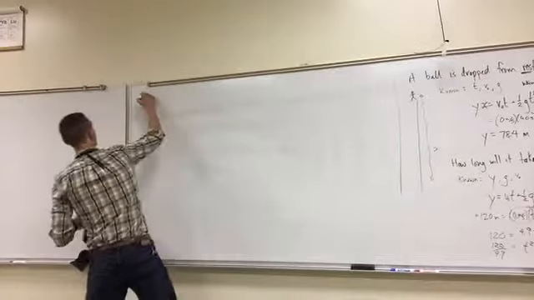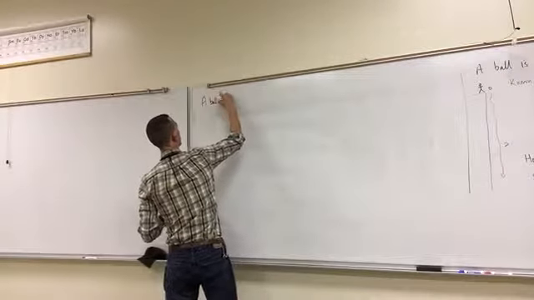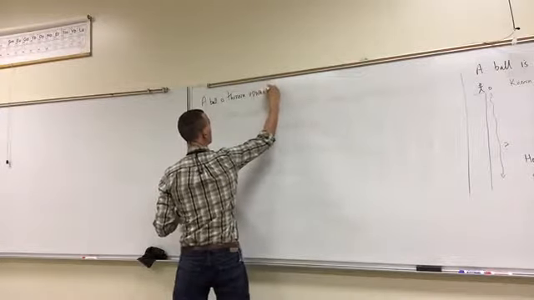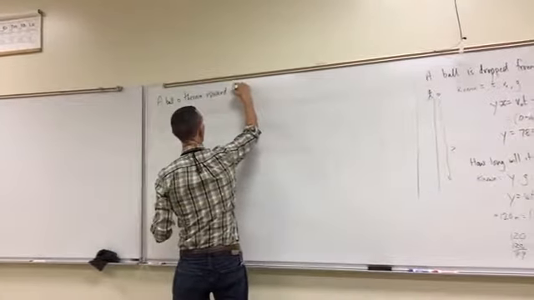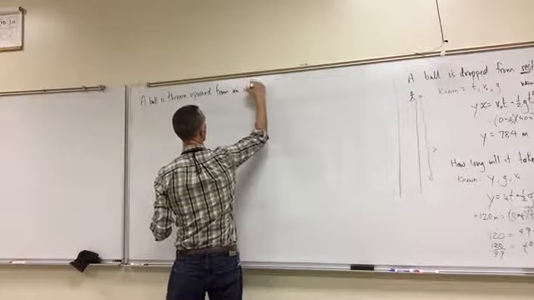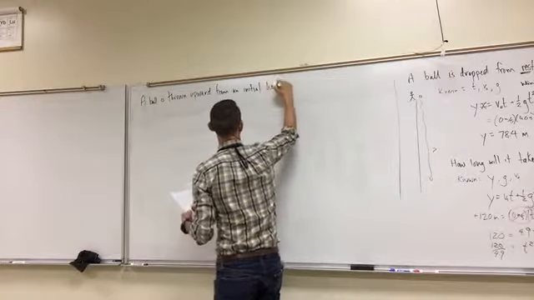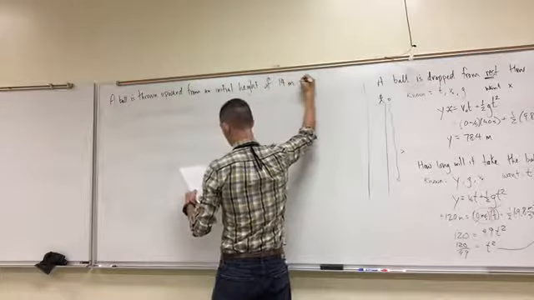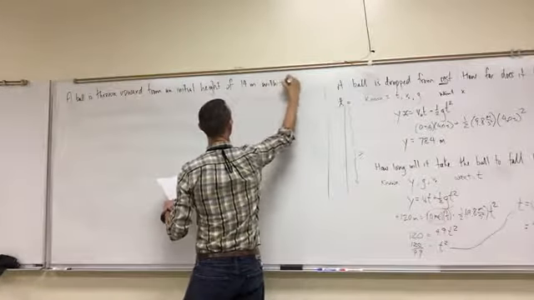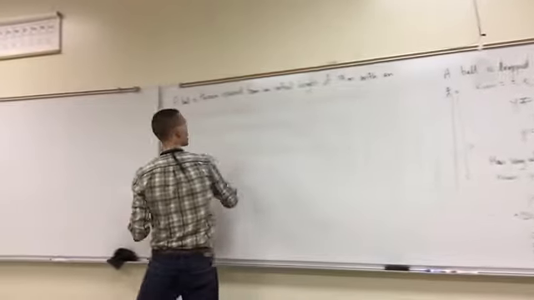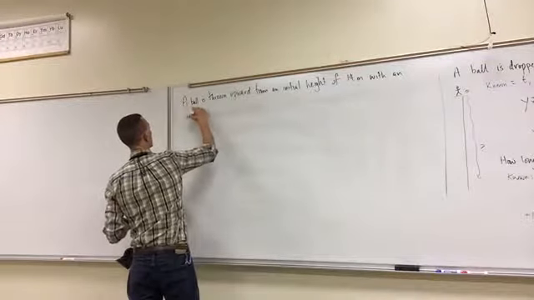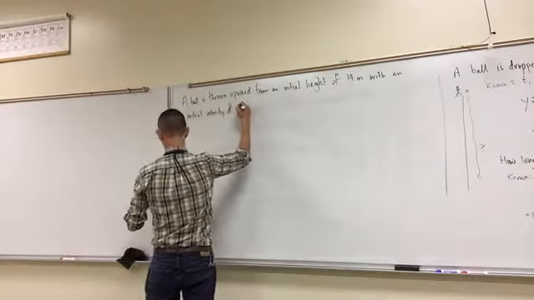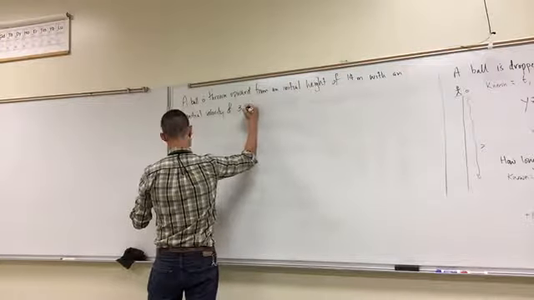This time, our ball is thrown upward from an initial height of 14 meters with an initial velocity of 3.6 meters per second.